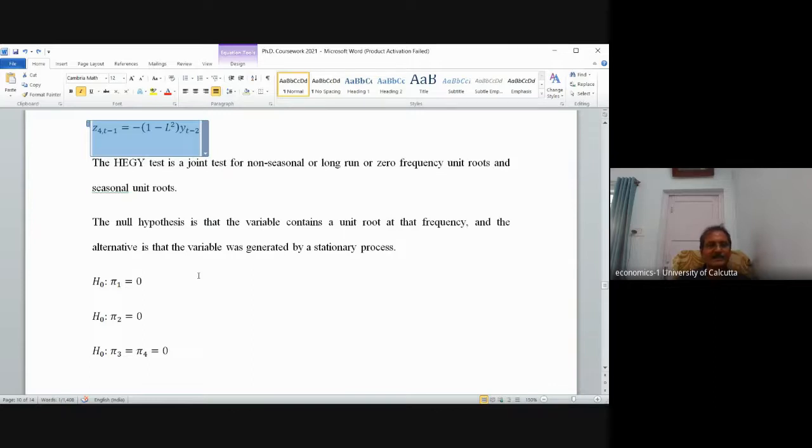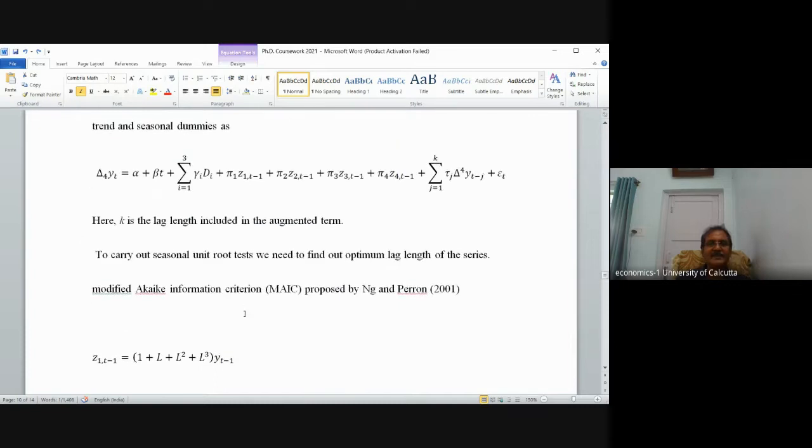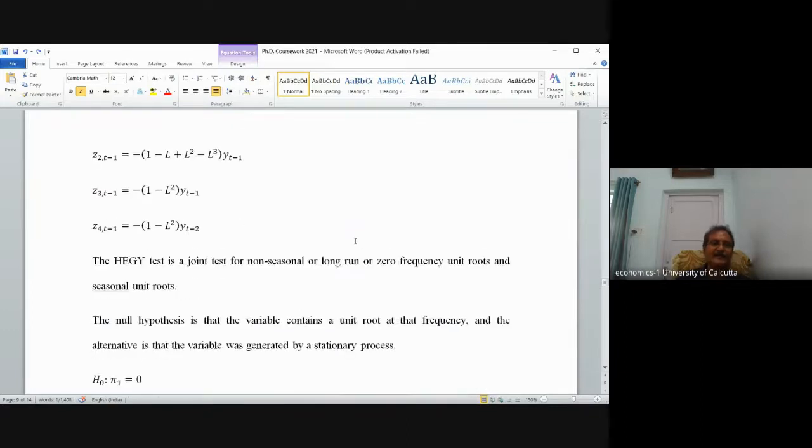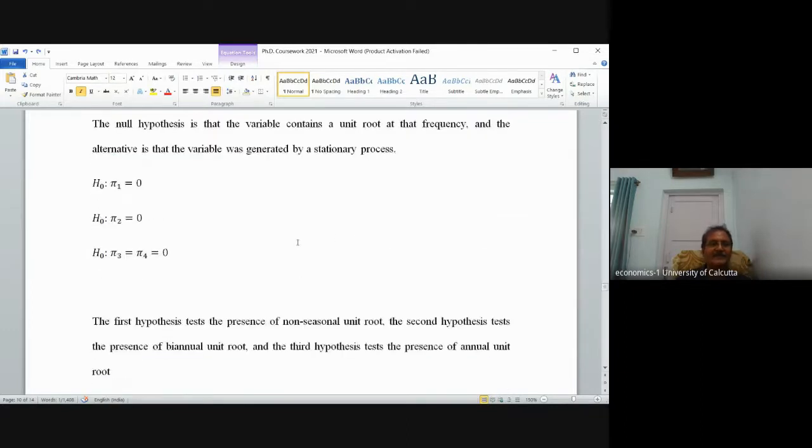Similarly, third null hypothesis, H naught: pi 3 is equal to pi 4 equal to 0. So what are pi 1, pi 2, pi 3, pi 4? They are the coefficients for Z1, Z2, Z3 and Z4. Now look, we have taken pi 3 and pi 4 together in the third null hypothesis.